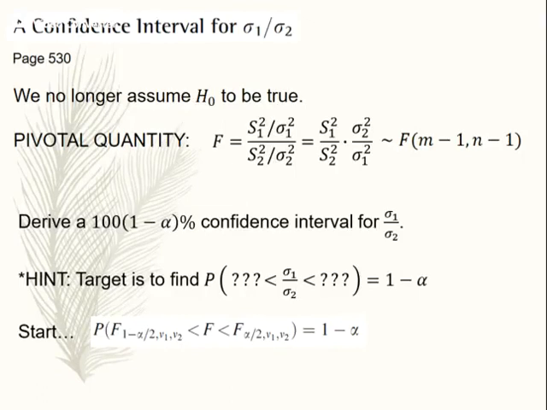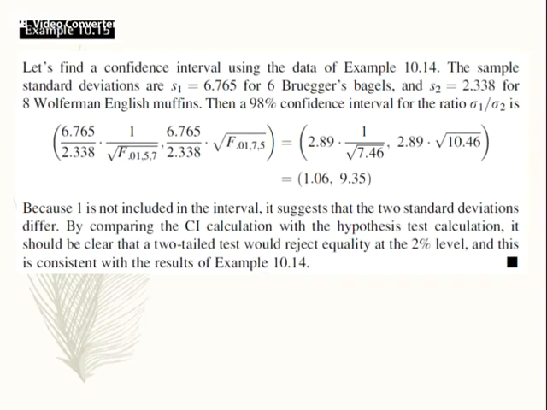Example 10.15, you can now have a look at it as self-study. I just want to draw your attention to a small point that they put in there. If you just look at this confidence interval that they've calculated for sigma 1 over sigma 2, you end up with this.